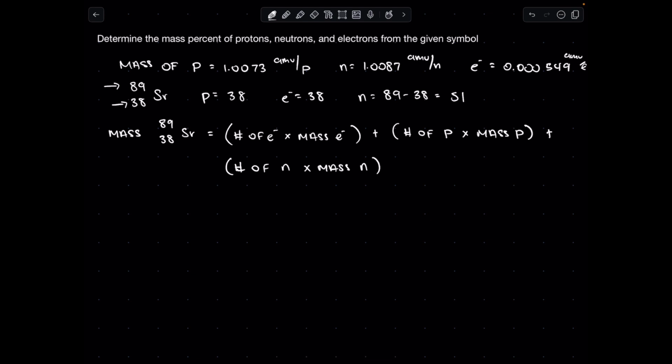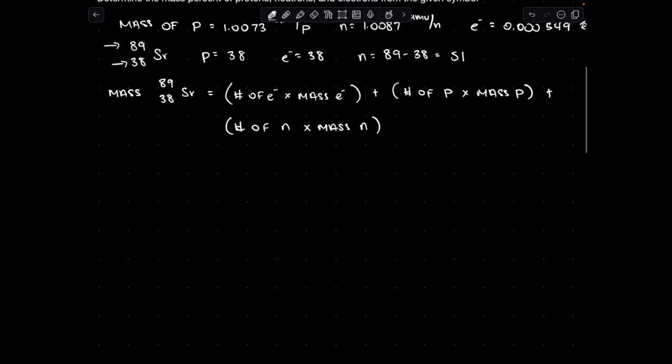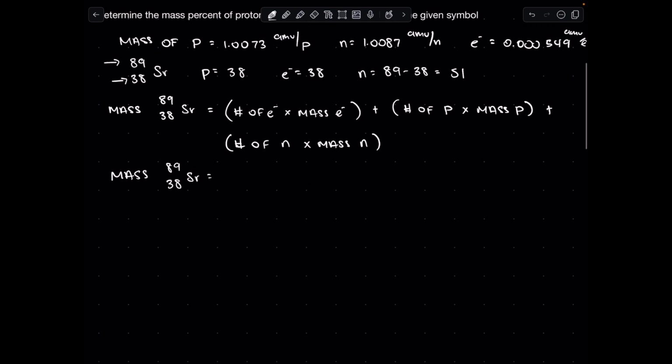All right, now we can start to plug in this information. So our mass of 89/38 Sr is going to be equal to our number of electrons. We determined that was 38 multiplied by their mass, which is 0.000549, plus our number of protons, which is also 38, times its mass, 1.0073, plus the mass of our neutrons.